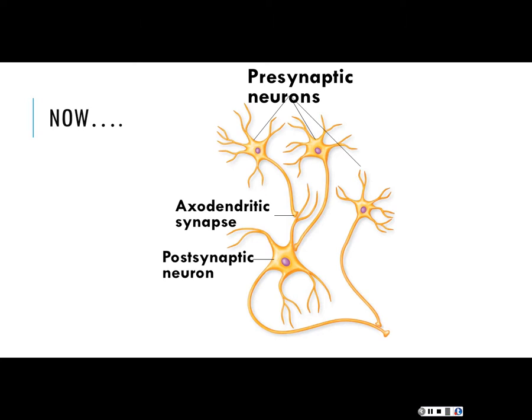We may also see a synapse on the cell body, and that's called an axosomatic synapse. Soma means body. The axosomatic synapse is between the axon terminal of the presynaptic cell and the cell body of the postsynaptic cell.